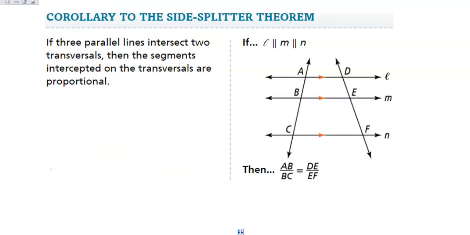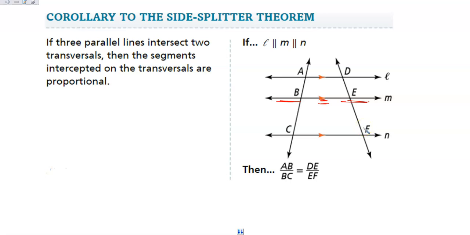All right, the next thing we're going to look at is the corollary to the side splitter, which basically says we don't have to have triangles. All right, we can just have parallel lines, and these are still going to be proportional. I can still set up AB over BC equals DE over EF.